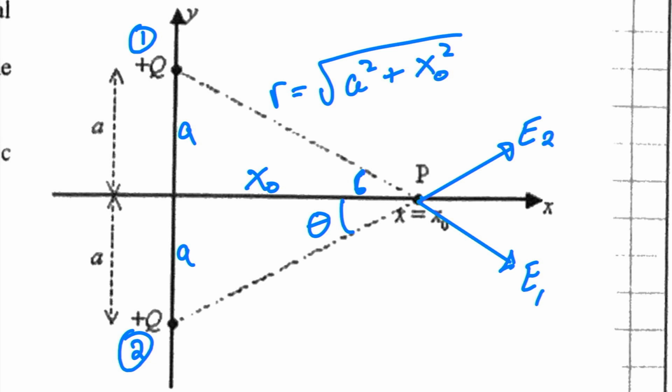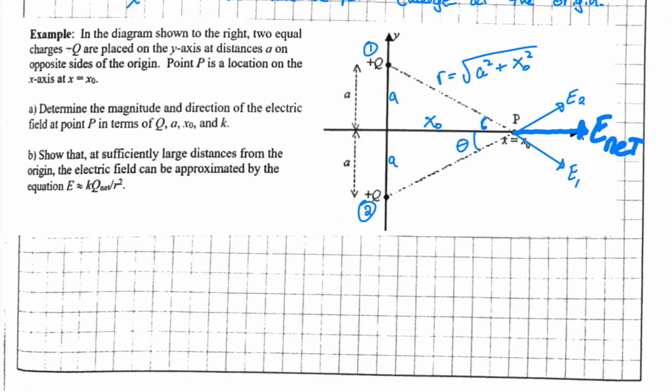And the net electric field points that way. The vertical components of these two electric fields cancel out by symmetry. Only the horizontal component is going to remain.